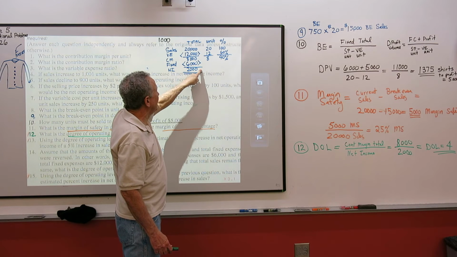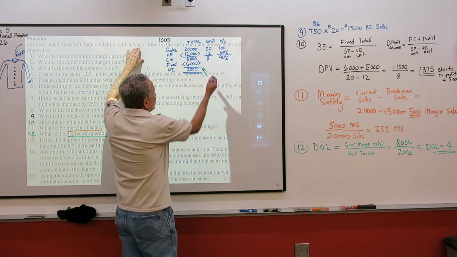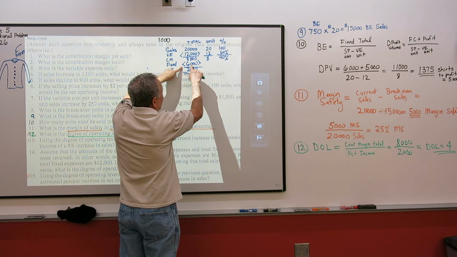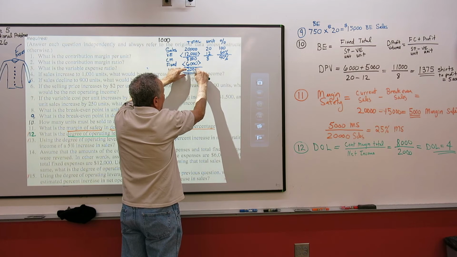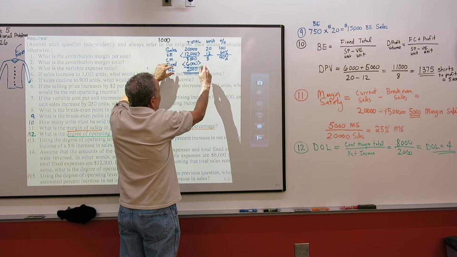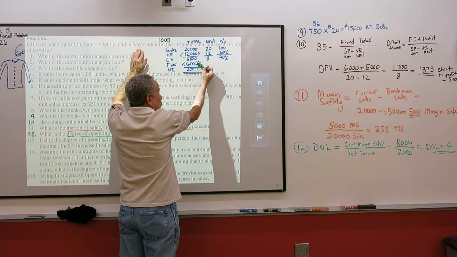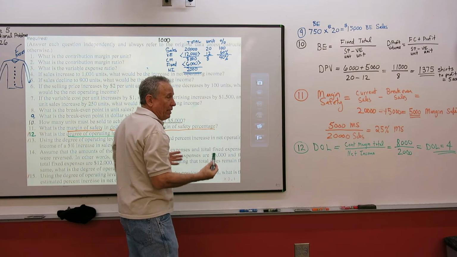So why is it that net income won't go up by 10%? Because you know what happens to fixed costs? They don't change. So if you get a 10% increase here but this negative stays the same, then your 10% increase will be multiplied into more net income. These will increase by 10%, but fixed costs won't, and therefore you get a bigger increase in net income.